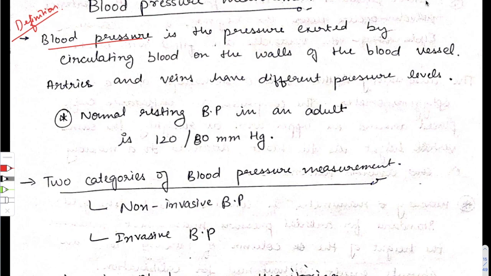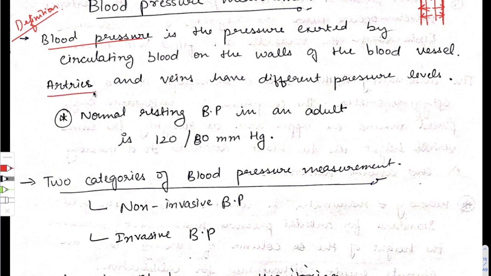Let us understand this. Suppose it is a blood vessel, and the blood is flowing into it, and the force exerted on the walls of the vessel, calculated per area, is the pressure. This pressure is called the blood pressure.